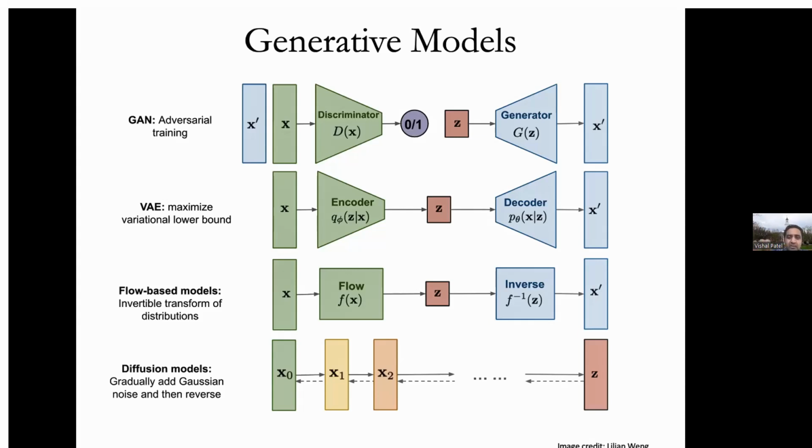In other words, it will take the noise as an input, and it will produce an image that looks very similar to the images in your training set. That is basically what pretty much all of these methods do in different ways. In particular, the notion of diffusion models, which was introduced a few years ago, 3-4 years ago, has gained a lot of traction when it comes to generative AI.